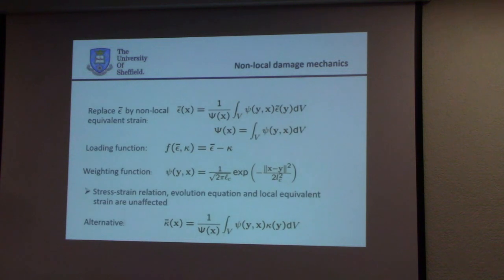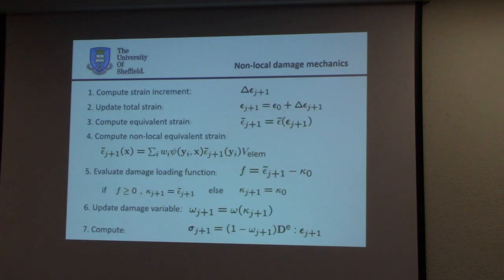You do exactly the same then, and then define a kappa bar, which is 1 over psi, the averaging function, times kappa integrated over the volume. Computationally, this is a bit easier. People have argued that it is mathematically, physically a bit better.